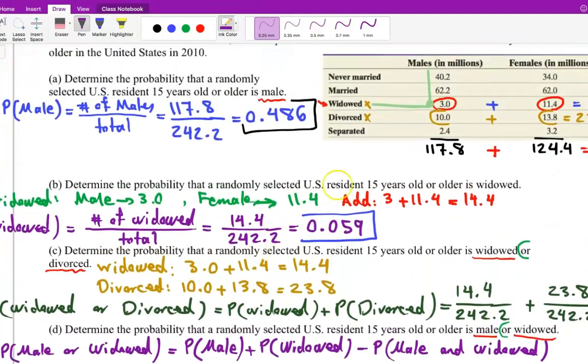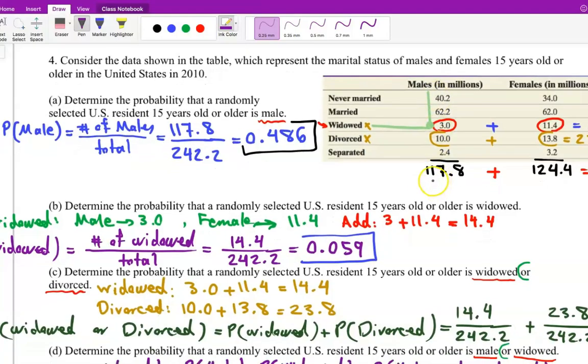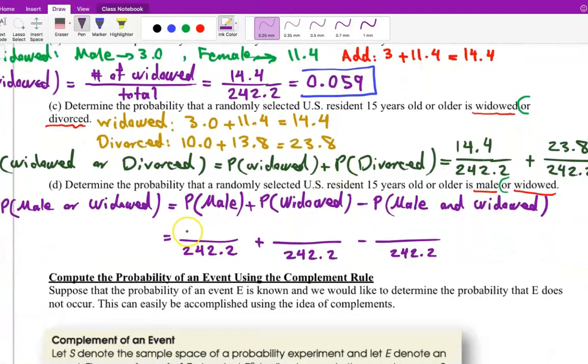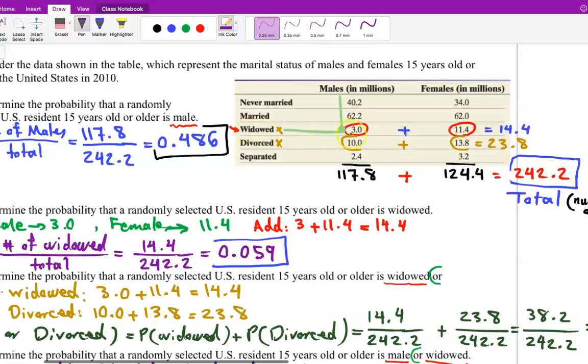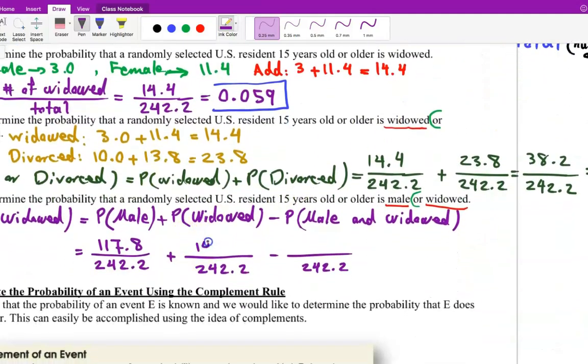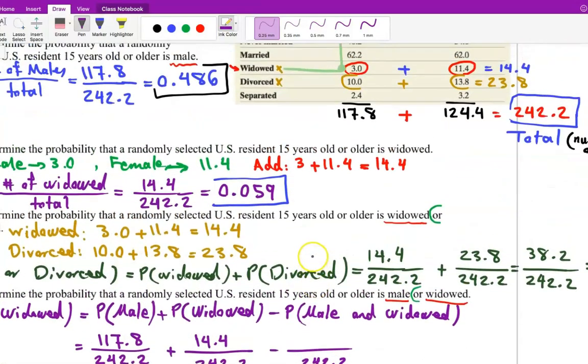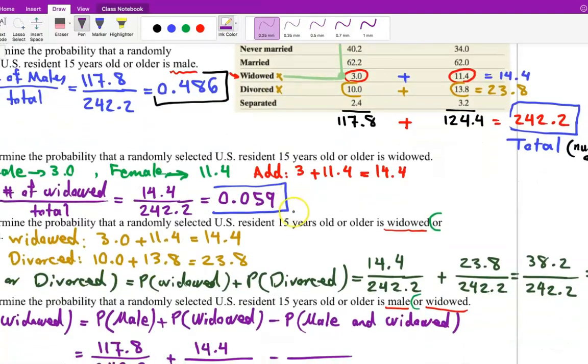Now here the sum for this column for males was 117.8. For this part widowed, the sum was 14.4. And what we had in common here, the intersection between these two groups, is 3.